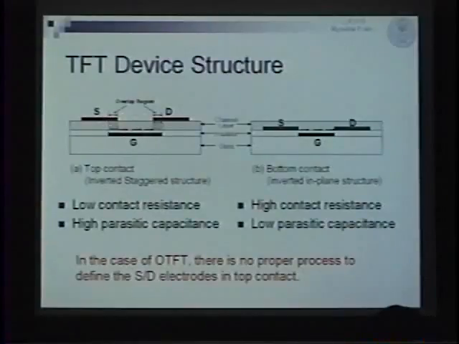The overlap region helps to decrease contact resistance because the area gets larger. But for OTFT, only bottom contact is available because patterning on the organic layer is not available. In the case of the OTFT, there is no proper process to define source and drain electrodes on top of the contact.